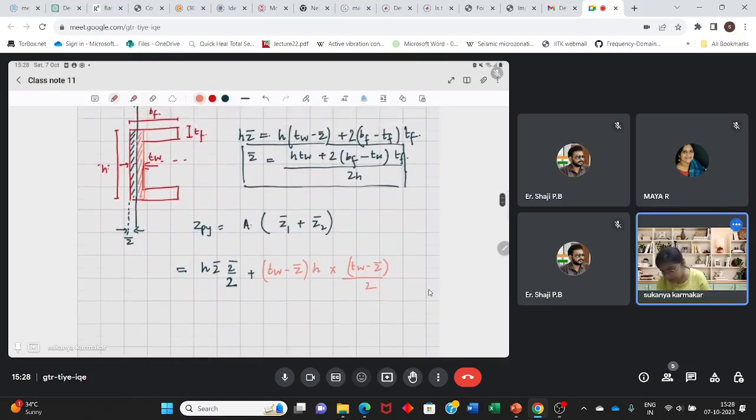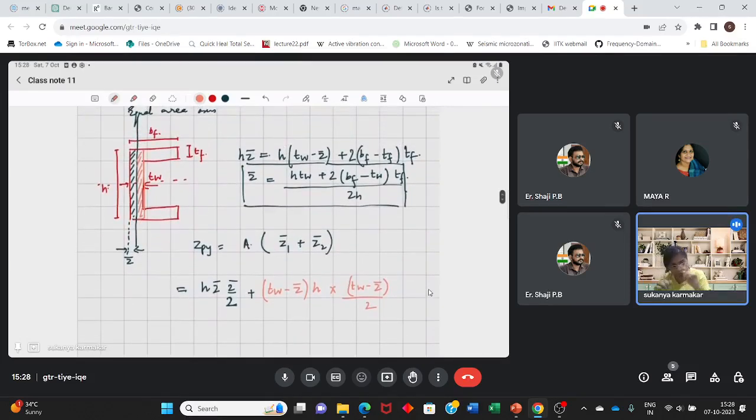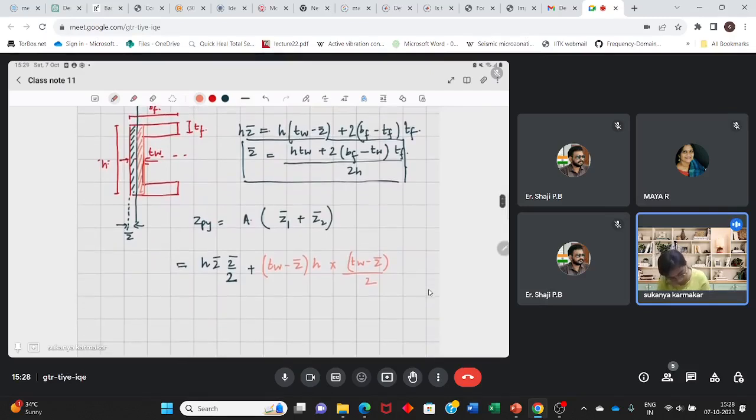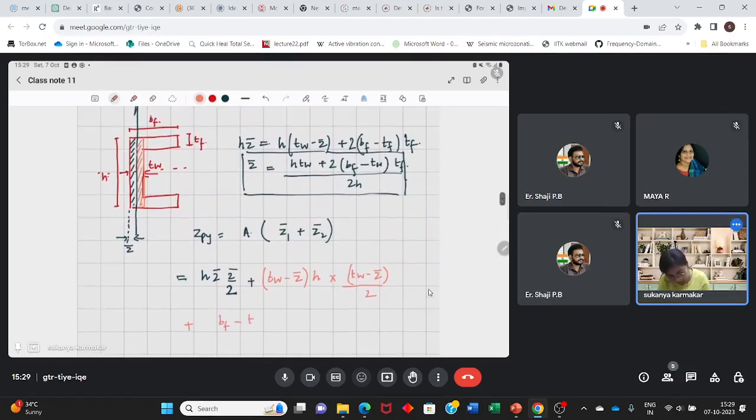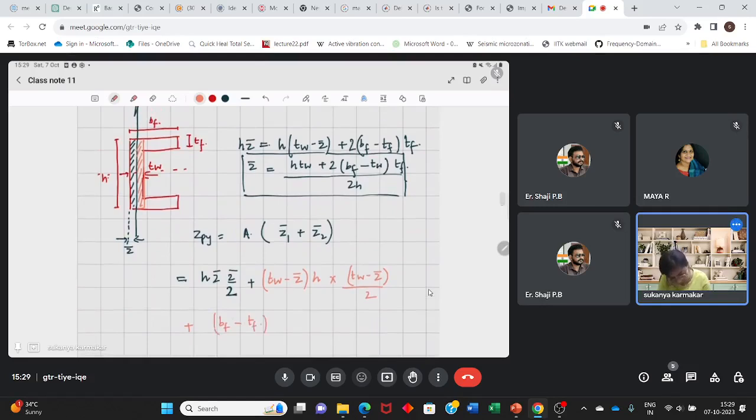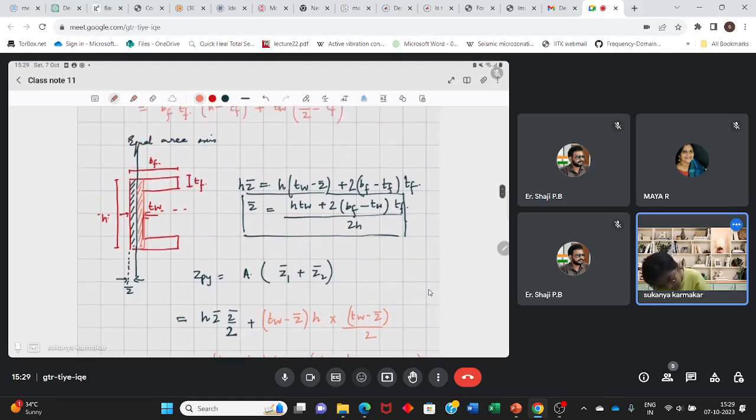Then we have the two remaining rectangles, first I'm writing for one. The area will be (BF − TF) into TF. Multiplied by its centroidal distance, which is (BF − TF)/2 plus (TW − z bar). This is clear. Basically, the centroid will lie somewhere here.